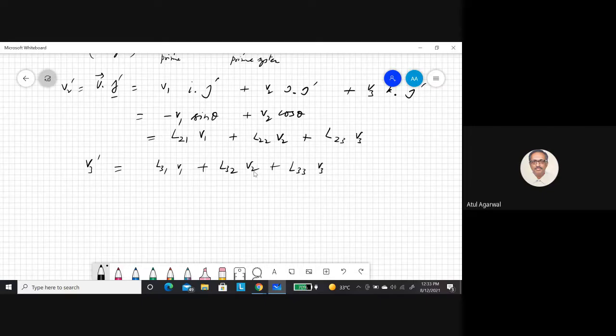So you could have written it another way: V_P prime equals L_PQ V_Q. You see, Q is a repeating index.